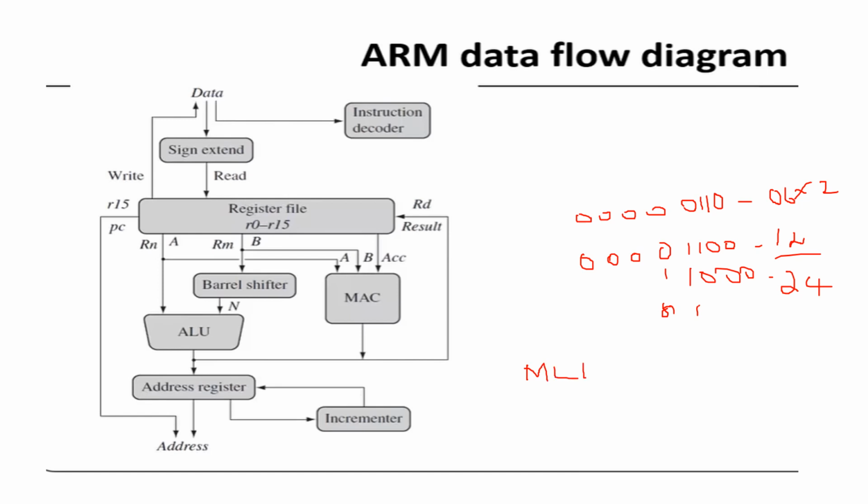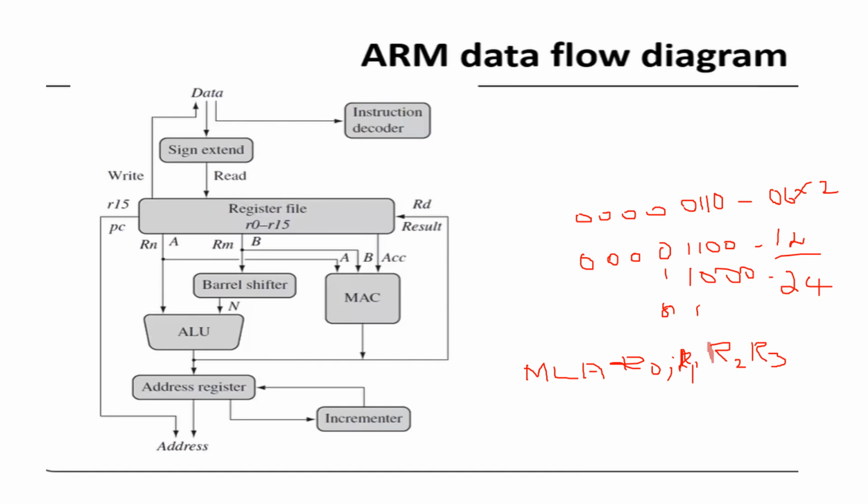MLA R0, R1, R2, R3. So what is this? How will the MAC operation perform here?